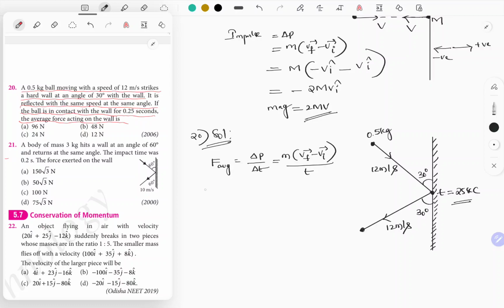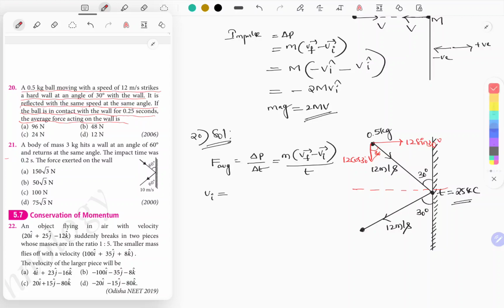Let's observe. Initial velocity: divide this velocity into two components, horizontal and vertical. If this is 30 degrees and this is also 30 degrees, opposite angles, then this component is going to be 12 cos 30 and this is going to be 12 sin 30.